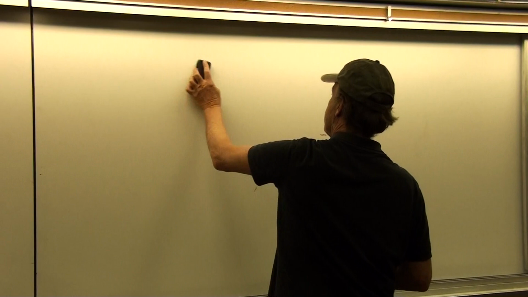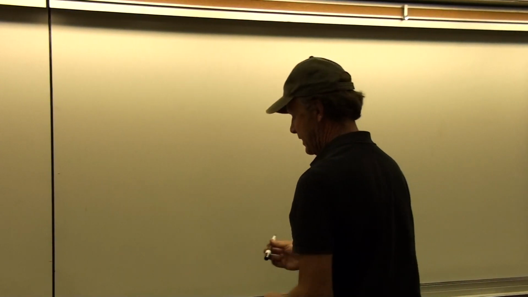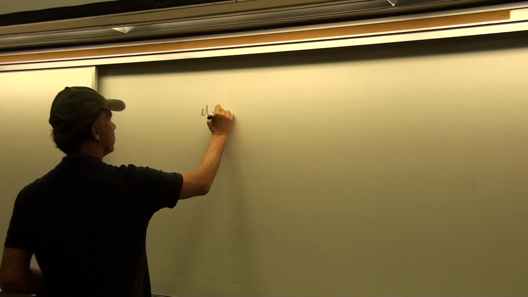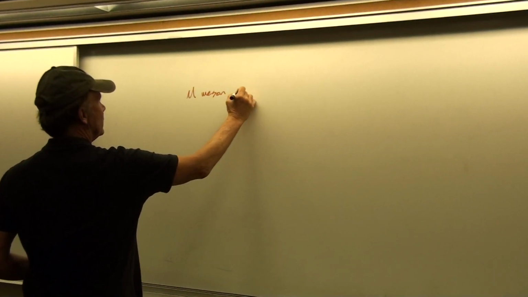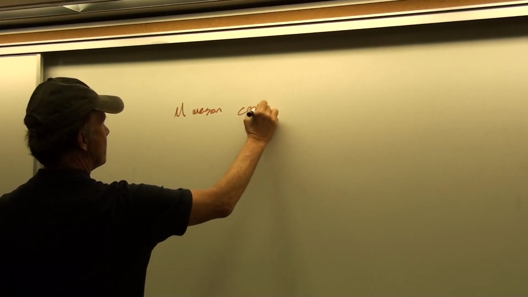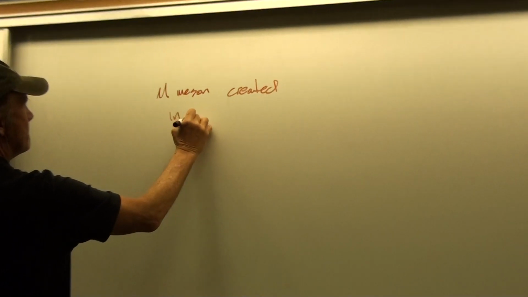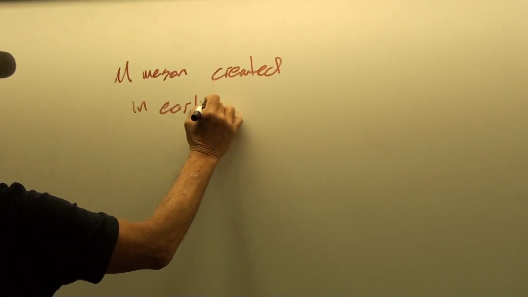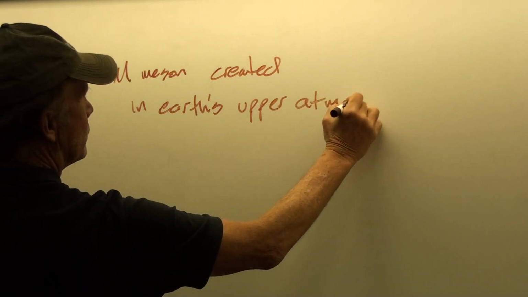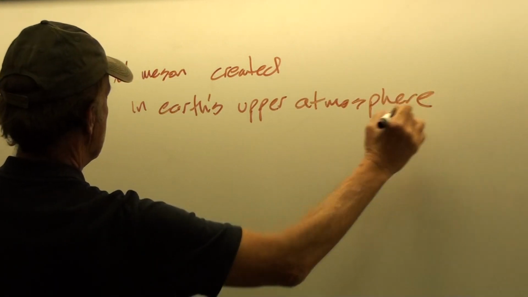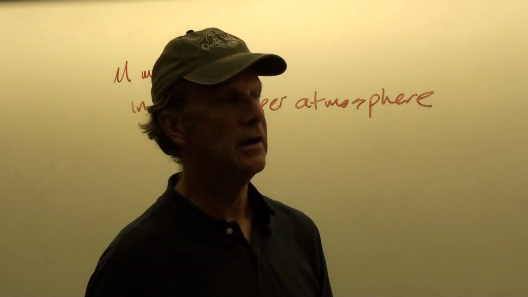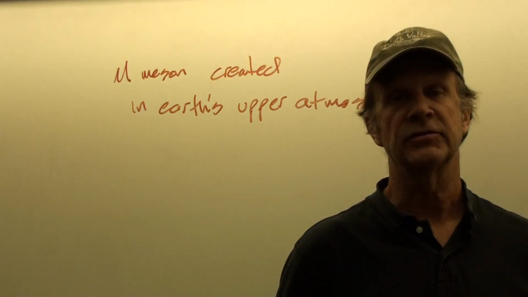And in this one, let's say that we have a mu meson that is created in the Earth's upper atmosphere. And a mu meson is a heavier version of an electron.